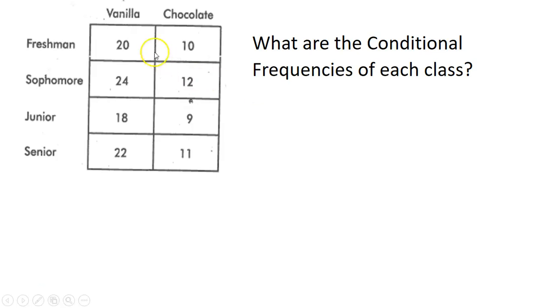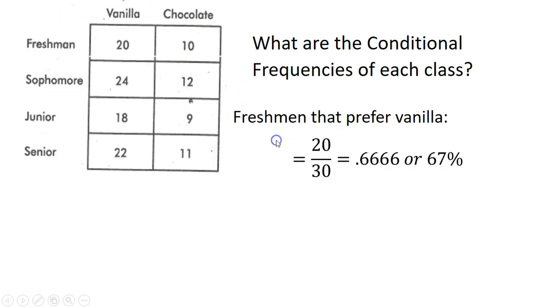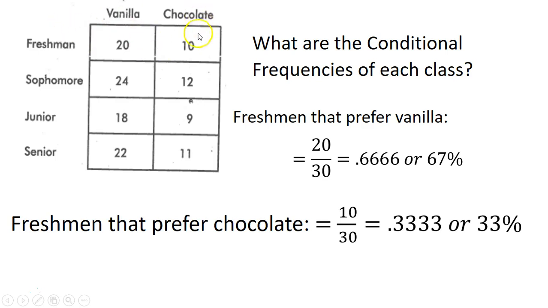Well, in order to get that, I'm still going to need totals down the side. So basically, freshmen, I got my 30. Then I would get 36, that'd be 27 and 33. The point is, after that, conditional probability for freshmen, what they like. Freshmen that prefer vanilla is 20 out of 30, and freshmen that prefer chocolate would be 10 out of 30.